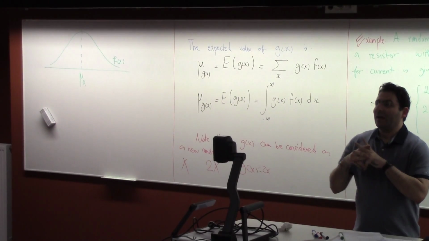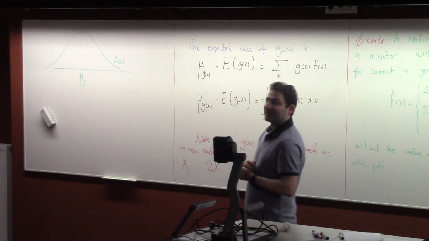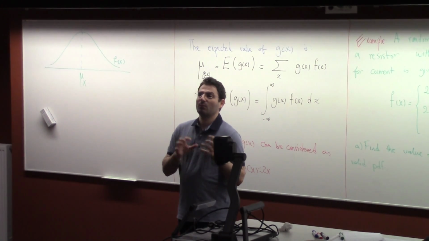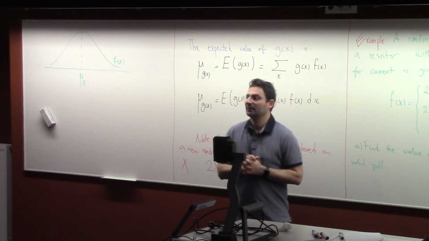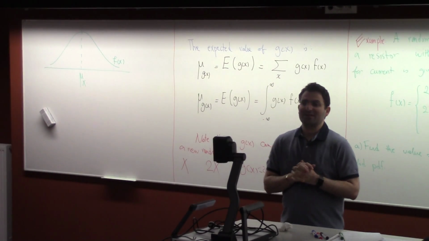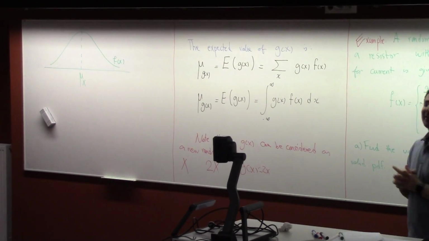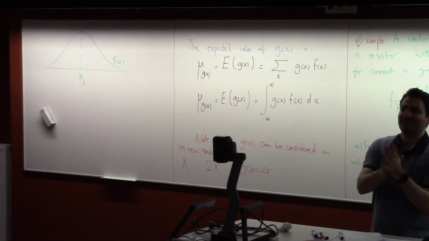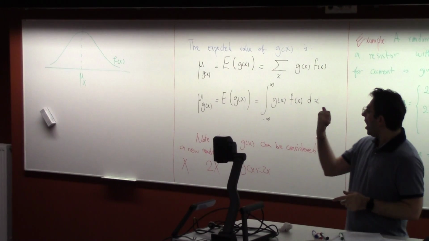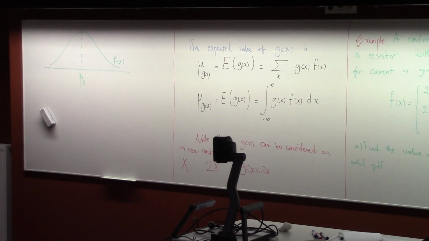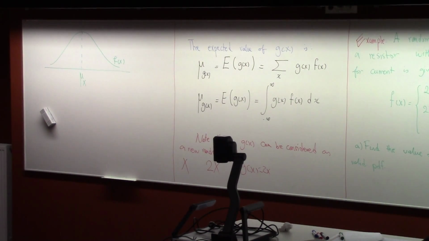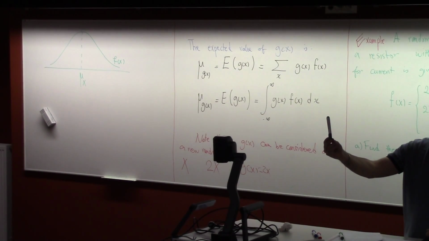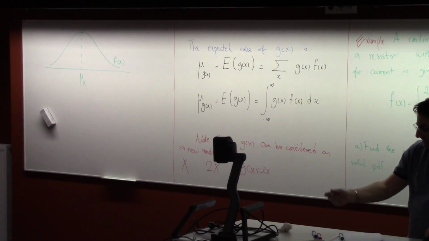If I do something on my x and make it more concentrated towards the mean, in other words, if I decrease my variance, trying to make the variance closer to 0, how would this distribution look like? Who wants to draw it?